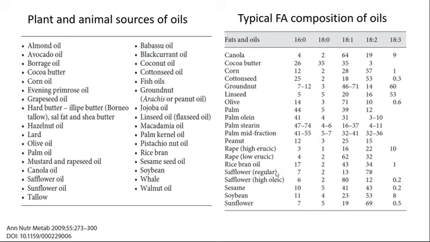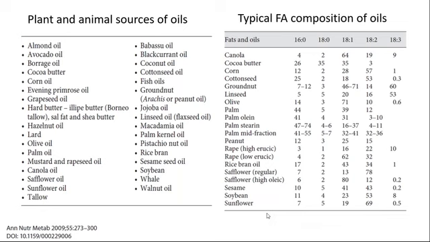And then on this side, what you see is a typical fatty acid composition of commonly used oils, and you see mainly they contain the 16 and 18 carbon and the unsaturated fatty acids. So this is just typical. There are several other oils, and each oil has got a golden signature.